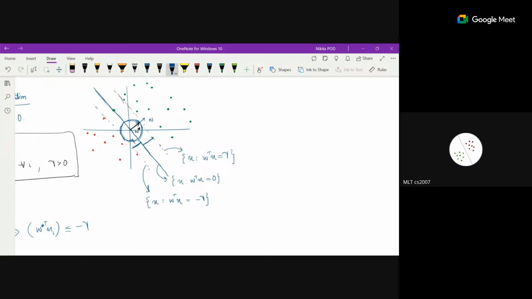So if my data set is linearly separable with this margin, then this should hold, right? And if this holds, what we have seen is w transpose x should be equal to gamma. Now, I can divide both sides by its length.